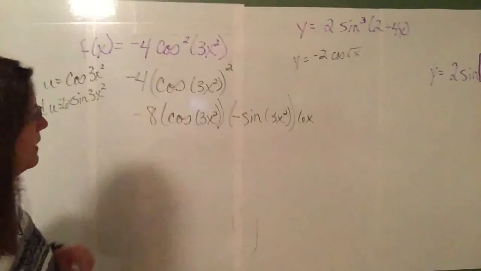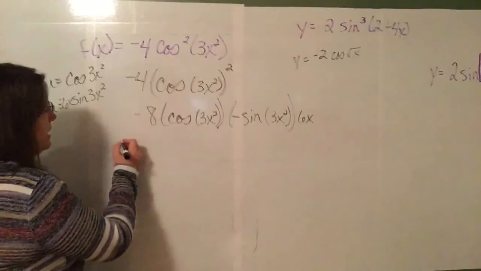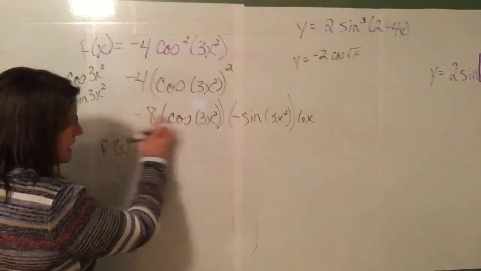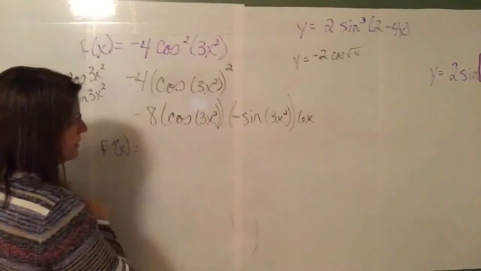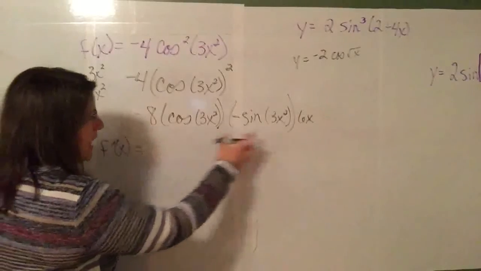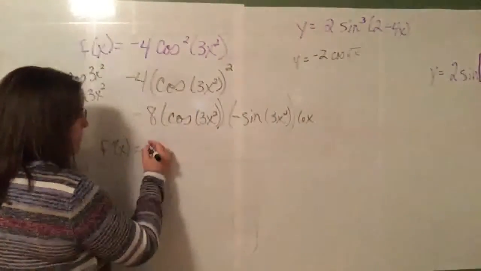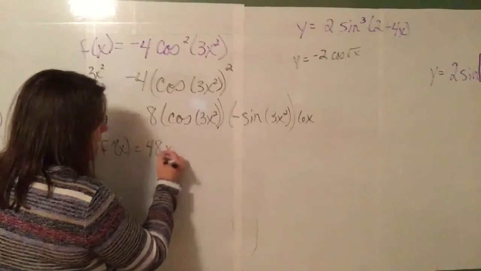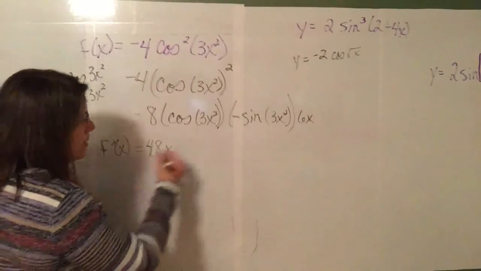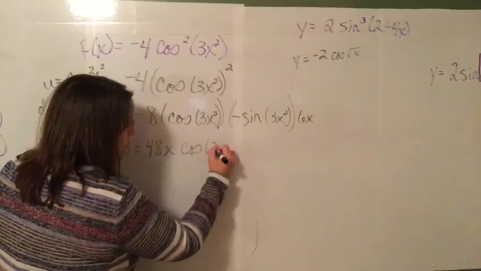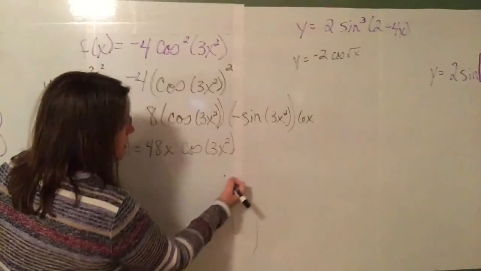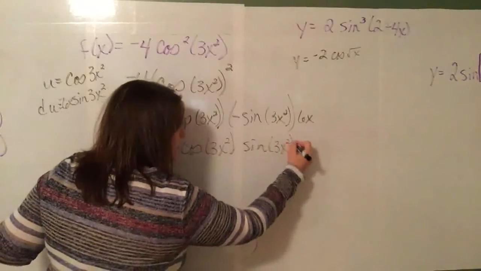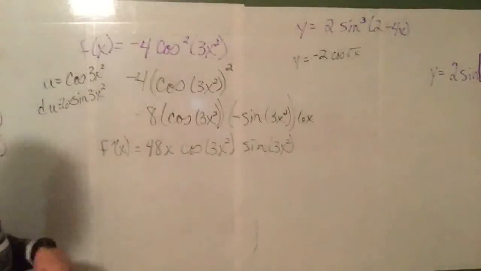To simplify this, f prime of x equals a negative times a negative, so my negatives cancel out. 8 times 6x, well, 8 times 6 is 48, so we've got 48x cosine 3x squared sine 3x squared. We've used the chain rule to do that.